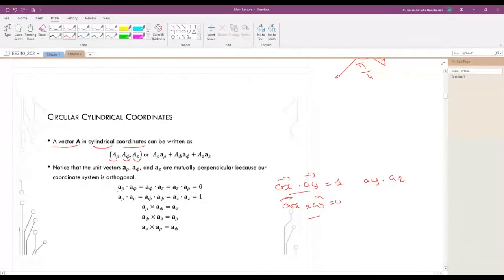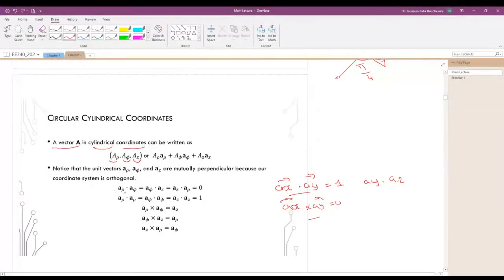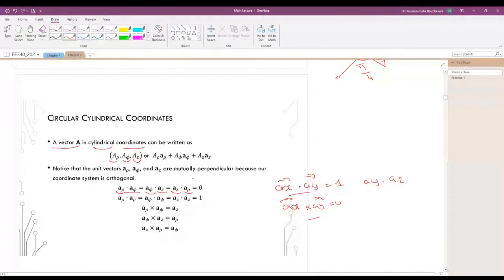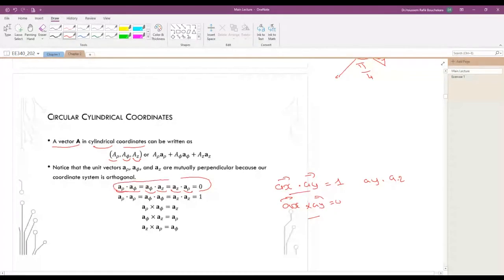Same properties here: a rho dot a phi, a phi dot az, and az dot a rho, all equal 0, because all of them are perpendicular to each other.